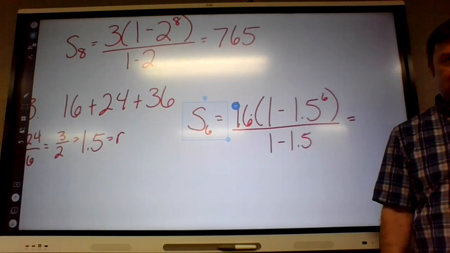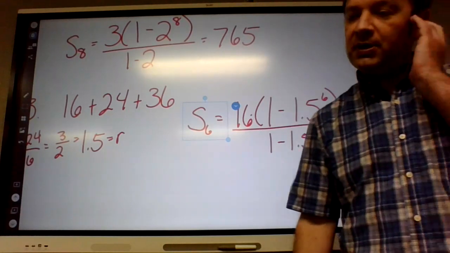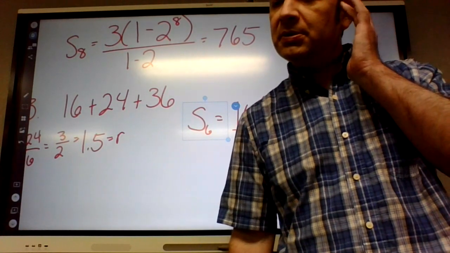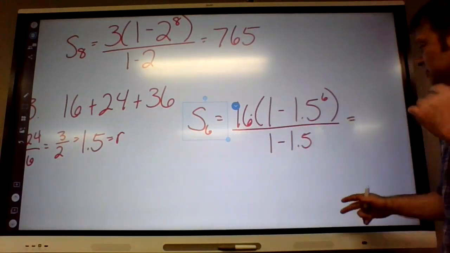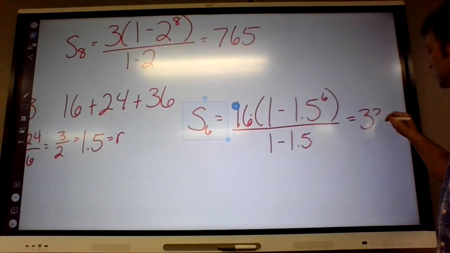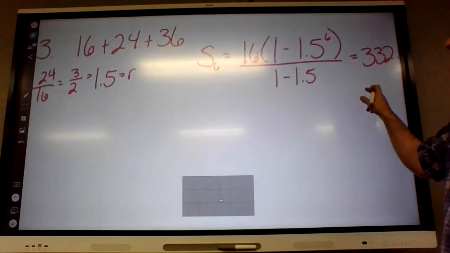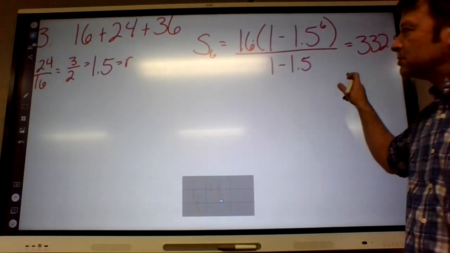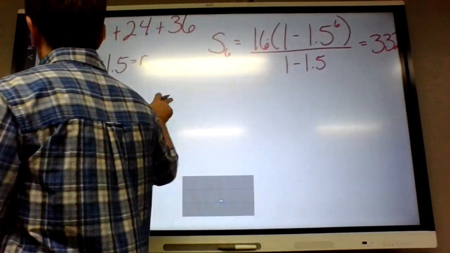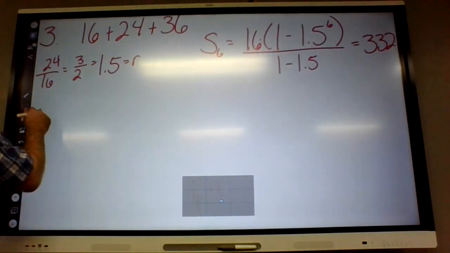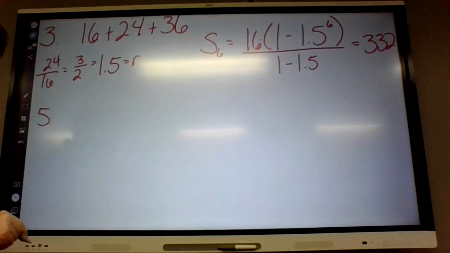Is it a decimal? Yeah, 300 and something. 332.5? Yeah. Okay, just want to make sure the calculator works basically, or there's no operator error.